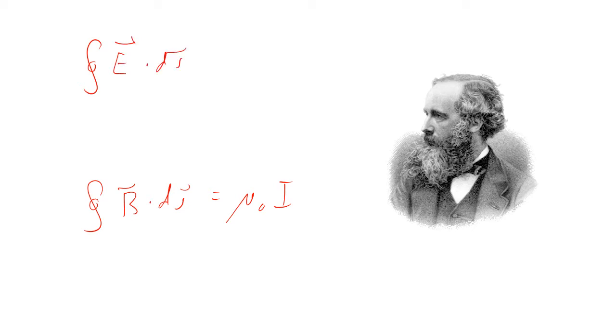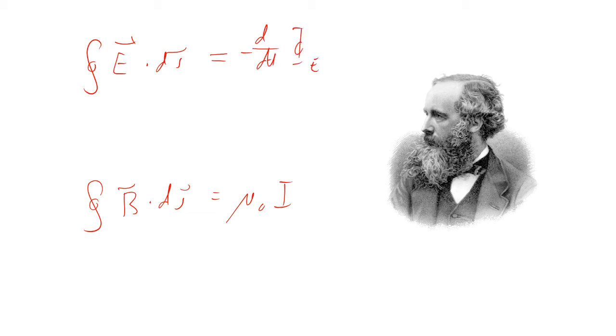In particular, he was looking at Ampere's law, the integral of B dot ds equal to mu naught I. And he compared that to the integral of E dot ds, which we had already realized was equal to negative the rate of change of the magnetic flux.